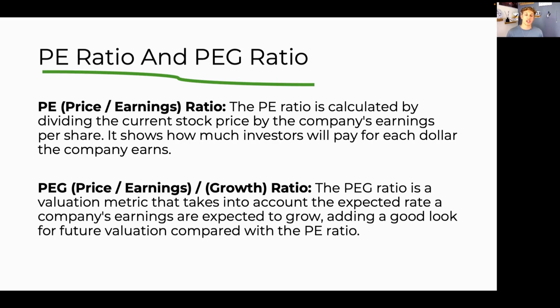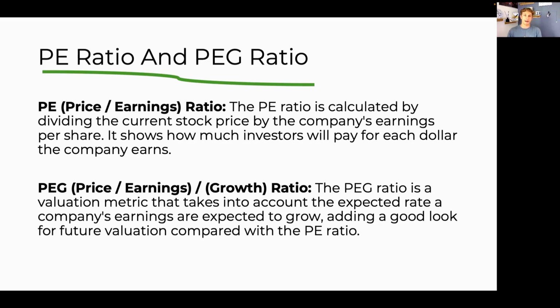So that's PE ratio. PEG ratio takes your price to earnings, and then you divide that by the growth. So it's another valuation metric, but it takes into account the expected rate of growth of the company's earnings. So it basically looks at future value, where the PE ratio says this is how much people are willing to pay right now.